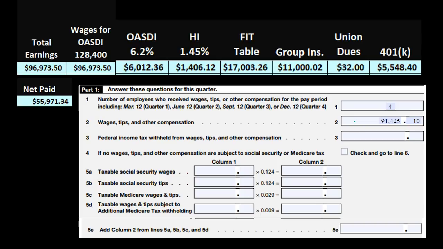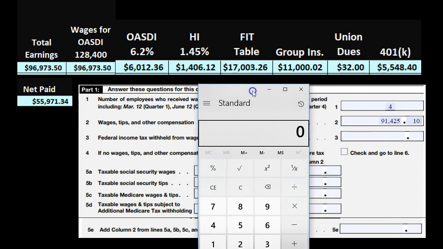So this number is 91,425.10 in this case, calculated as the total earnings, 96,973.5, minus those items that could be reduced. And you can think of them when you fill out your form 1040, or what will reduce the AGI.